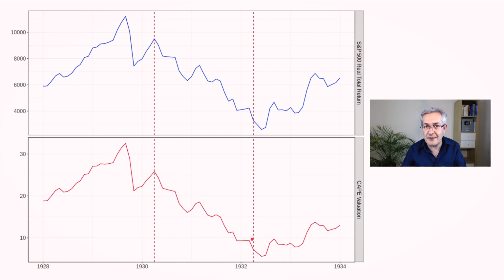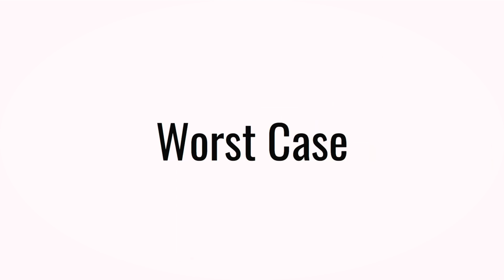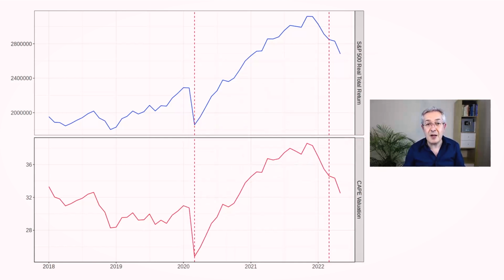It's below 10. So while we can look at the CAPE measure at any point in time, of course, we'll never know when a crash is about to happen. So the top panel doesn't really help us, but the bottom panel does. Now let's look at the worst case over that 140-year period. And what's kind of interesting is that it was very recent. It was the period between 2020 and 2022, when we had that blistering rally.